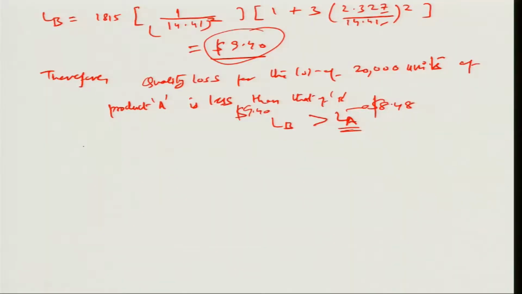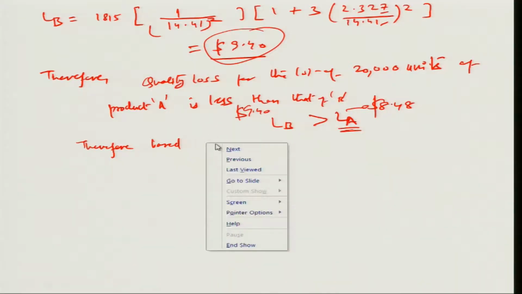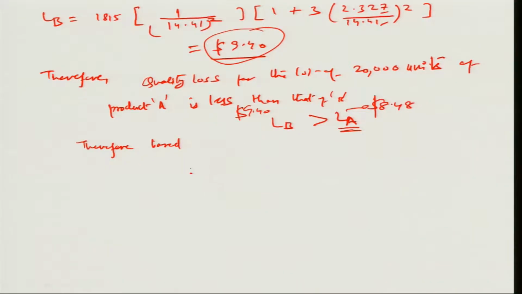Okay. So, I would just clearly write it here that therefore, based purely on a quality loss criteria, product A is preferable.